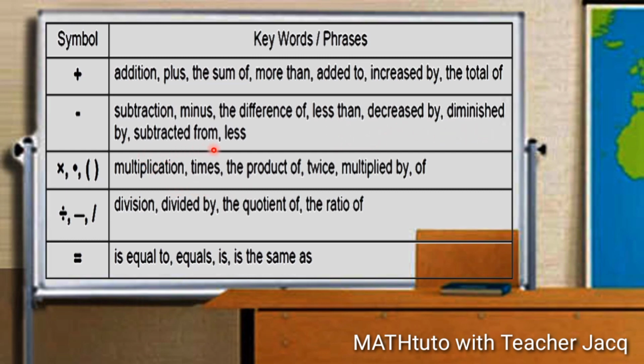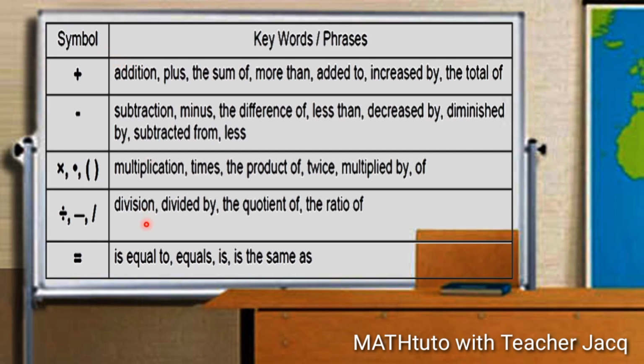And then sa minus naman, we have the keywords subtraction, minus, the difference of, less than, decreased by, diminished by, subtracted from, and less. For the multiply symbol, the parentheses and the dot, the keywords or phrases are multiplication, times, the product of, twice, multiplied by, of.